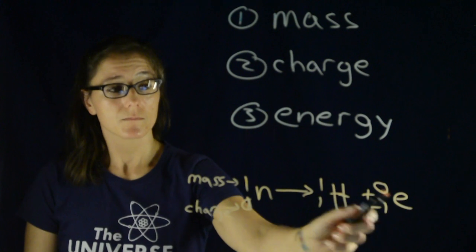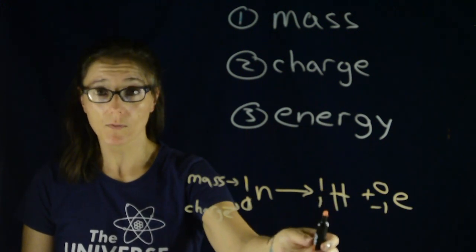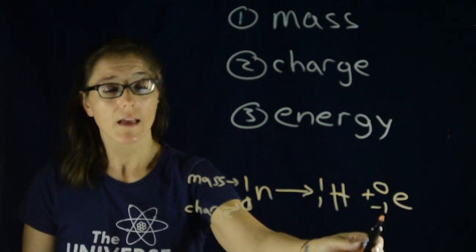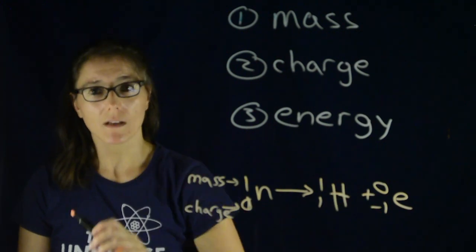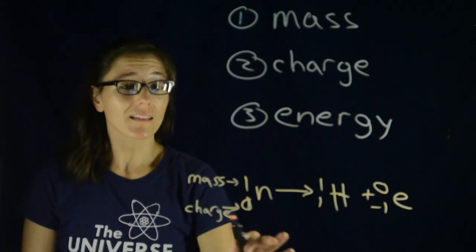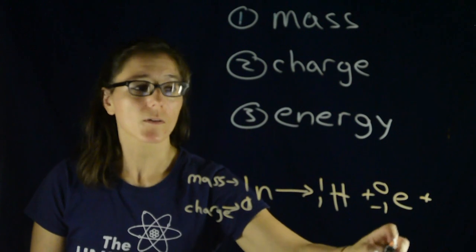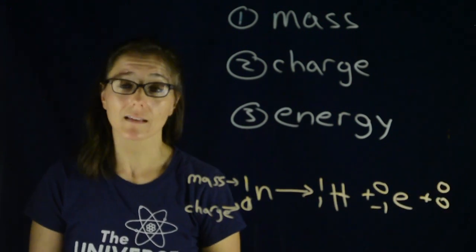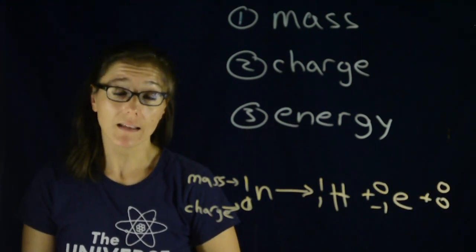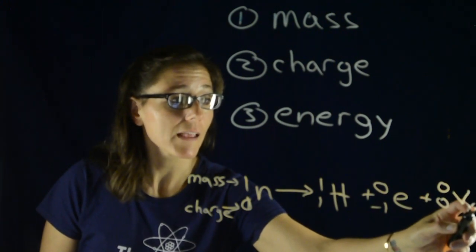We see an electron. So a neutron is able to decay into a proton or a hydrogen nucleus and an electron. We'll discuss some of the intricacies of that in a little bit. It turns out that this doesn't completely conserve energy, so there's actually another particle that comes out of here that has no mass and no charge, but has kinetic energy, and that is an electron antineutrino.